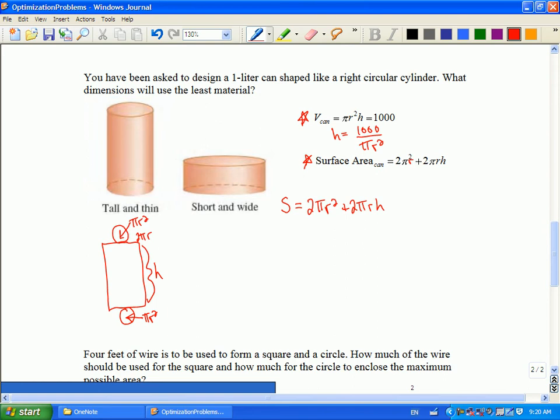Anyway. So the height is 1,000 over pi r squared, which means I can update my surface area formula just in terms of the radius here.